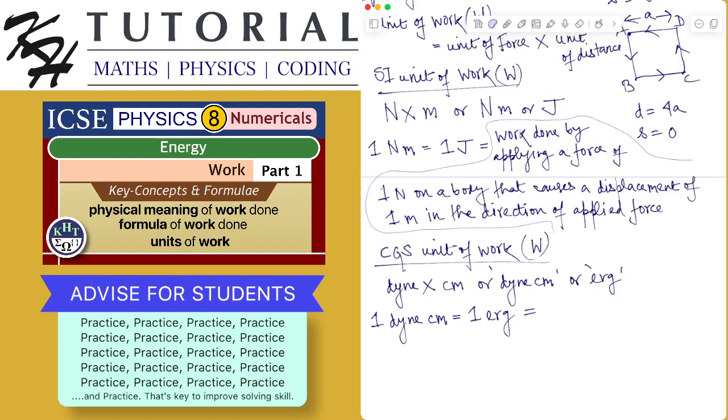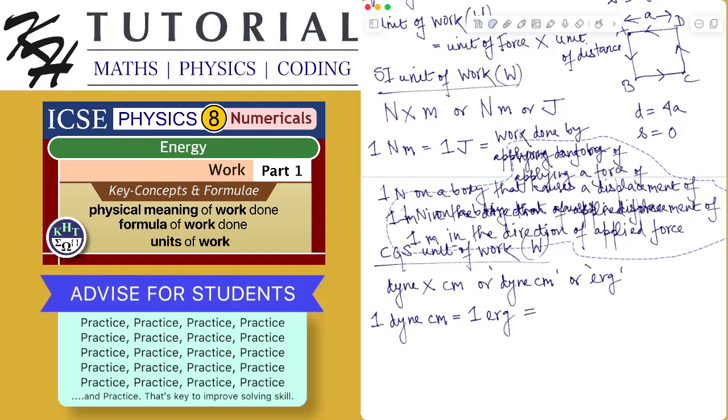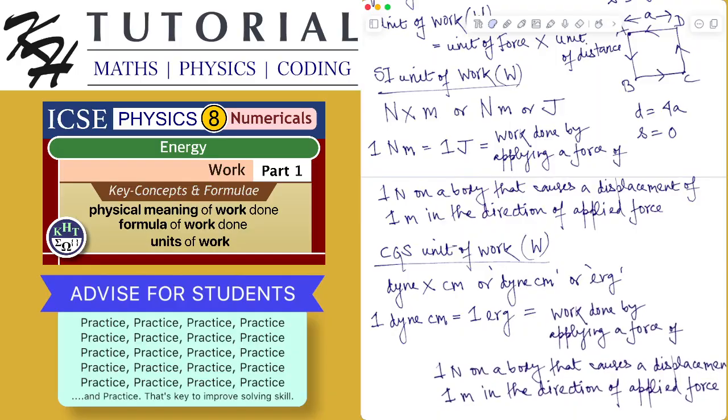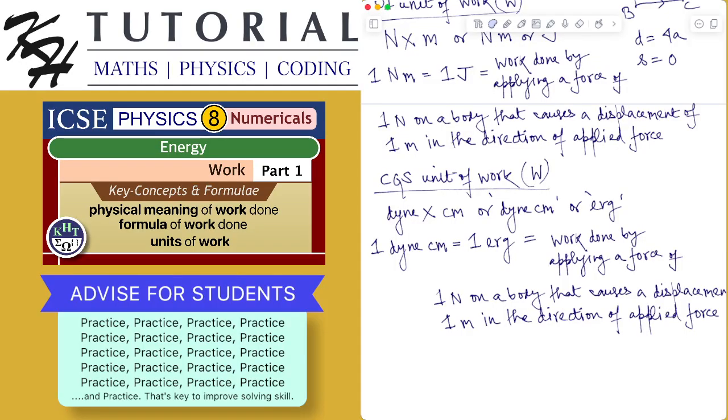It is the work done by applying a force of, obviously this will not be 1 Newton, but 1 dyne, on a body that causes the displacement of not 1 meter but 1 centimeter in the direction of applied force.